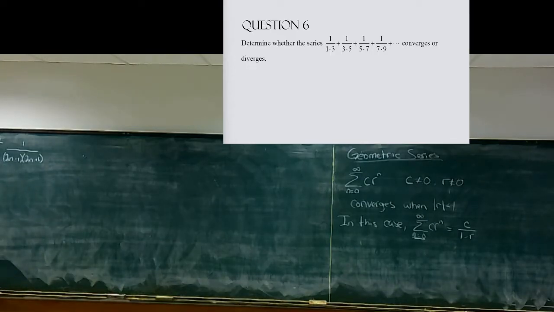Those are consecutive odds, aren't they? You could have also done 2n plus 1 and 2n plus 3. Your starting n would just be different. And then start n at 1. That is not geometric.